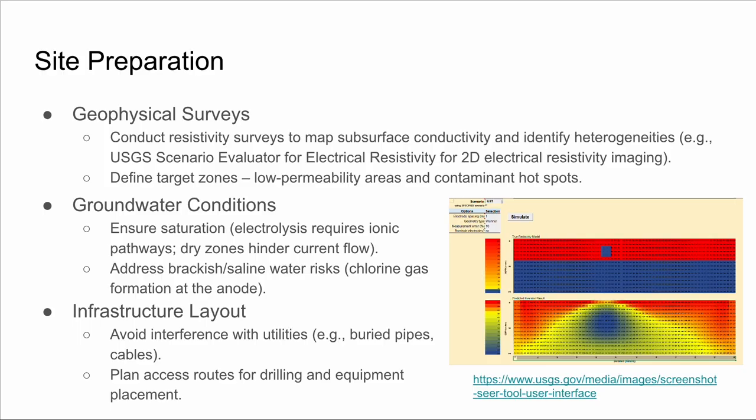Finally, we mark utilities like pipes or cables to avoid drilling into them and plan access routes for equipment. These steps set our stage for a safe and effective cleanup.